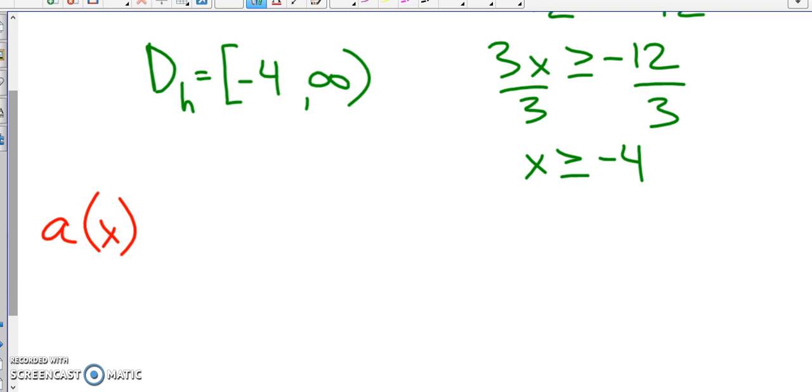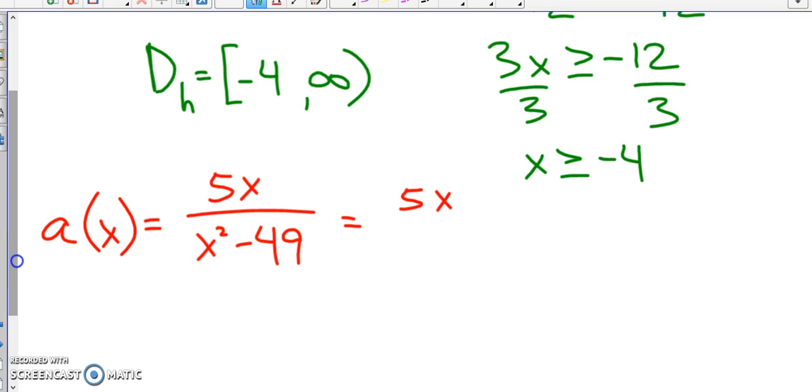So A of x is equal to 5x over x squared minus 49. What are our thoughts on this one? Division by 0, right? All right, so let's factor the denominator. What does the denominator factor into?